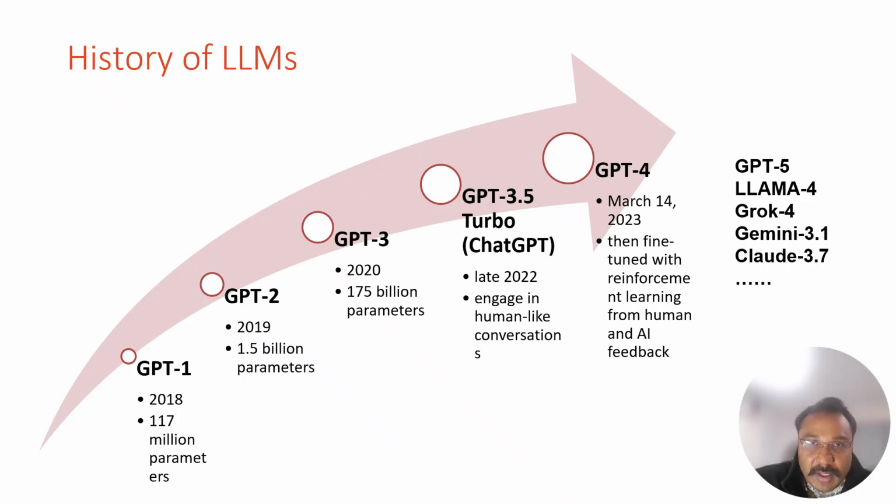GPT-3 introduced massive capability with 175 billion parameters, mostly the AI algorithms, and GPT-4, which we use, brought multimodal capabilities. And now in 2026, I think the models GPT-5, Gemini 3, Claude 3 plus, and Grok have advanced reasoning, real-time data integration, and enterprise-level deployment.